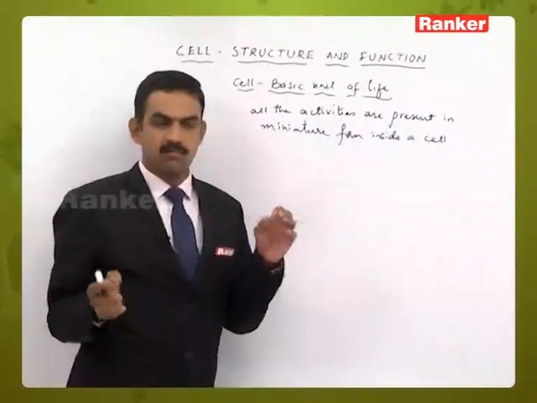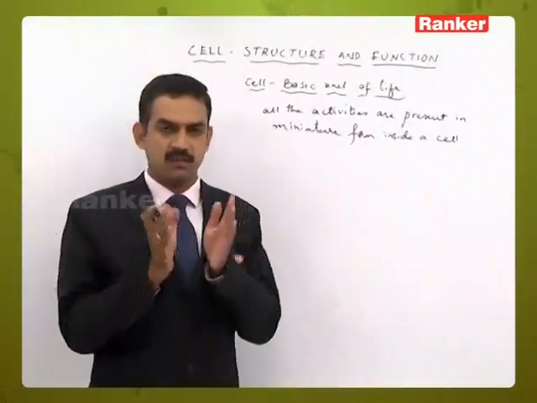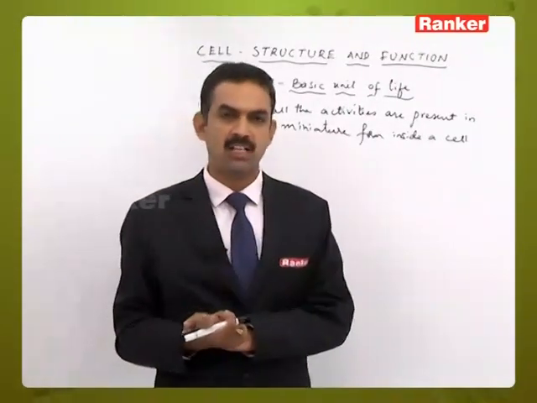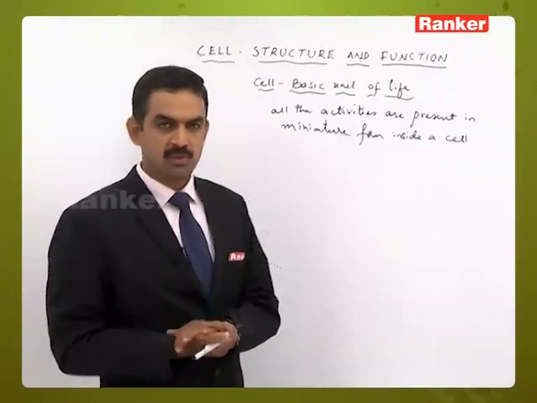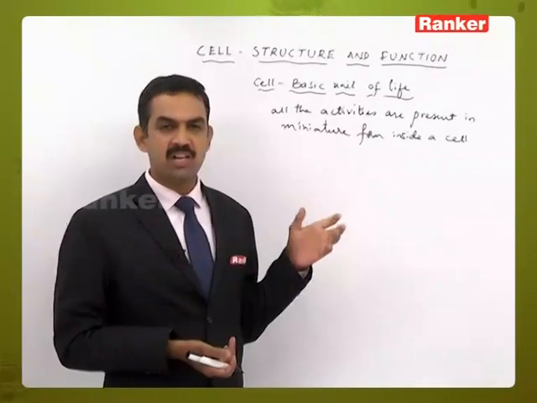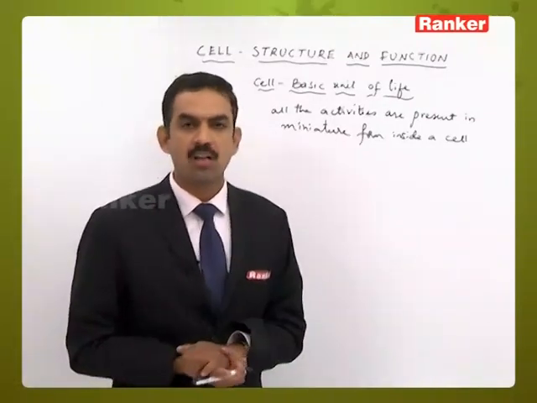In miniature form, each and every aspect of the functions is performed in a cell, so that we consider the functions performed by the plant or an animal. Likewise, we say that each and every cell has the potentiality or capability to perform all the functions of a living organism.